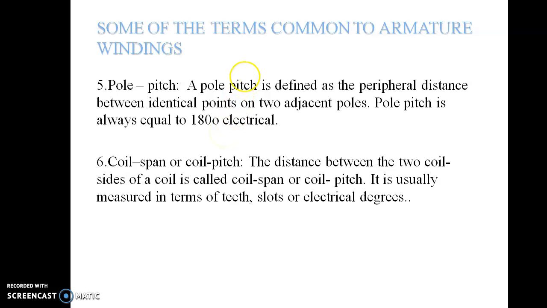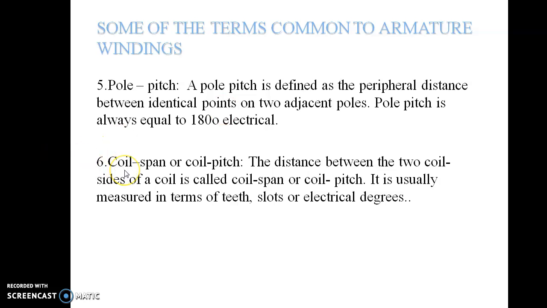Remember always, pole pitch is defined as the peripheral distance between identical points on two adjacent poles, two nearby poles. The distance between two nearby poles is known as pole pitch, and electrically that distance is always 180 degrees electrical.